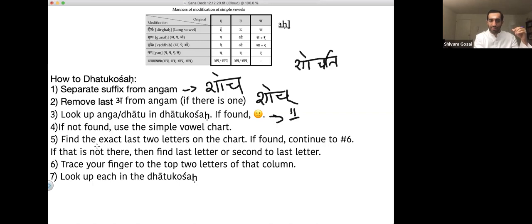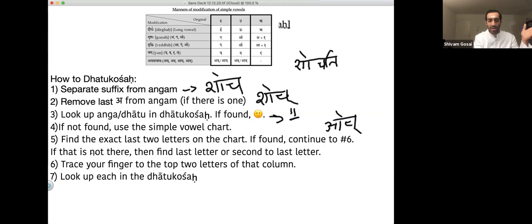So number 5. Find the exact last 2 letters on the chart. The last 2 letters of my word are och. Do I find och anywhere on here? No. I don't see och anywhere on here.